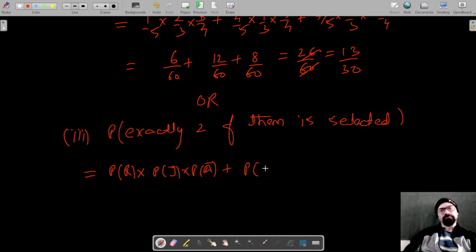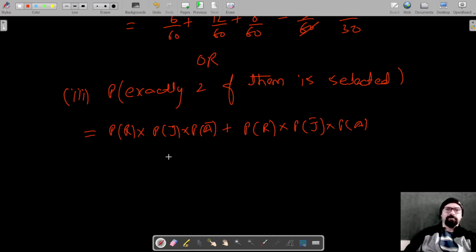Or Rohit is selected, Jaspreet is not selected, and Alia is selected. Or this could be Rohit is not selected, and Jaspreet and Alia are selected.